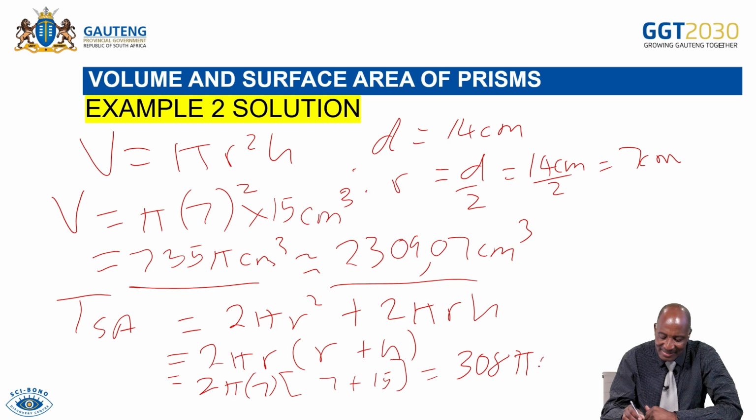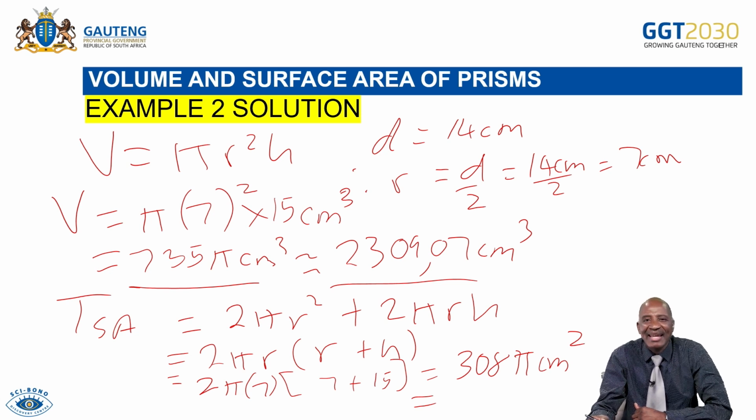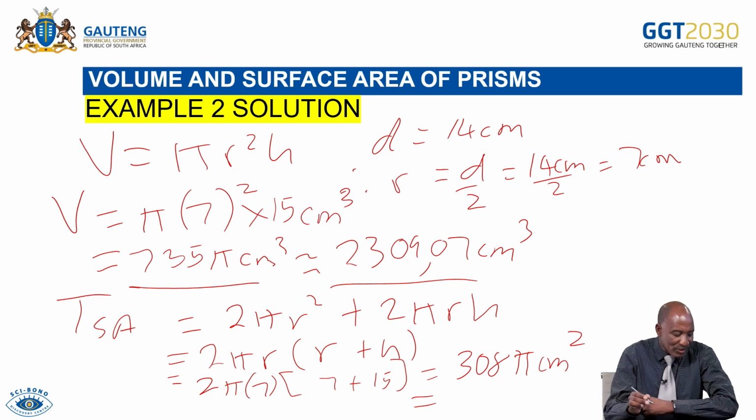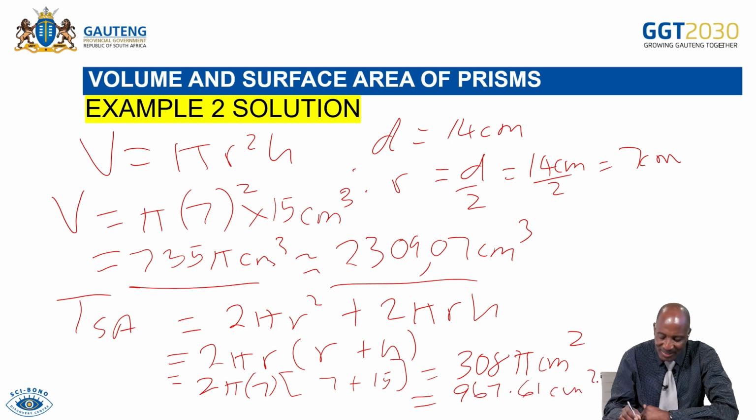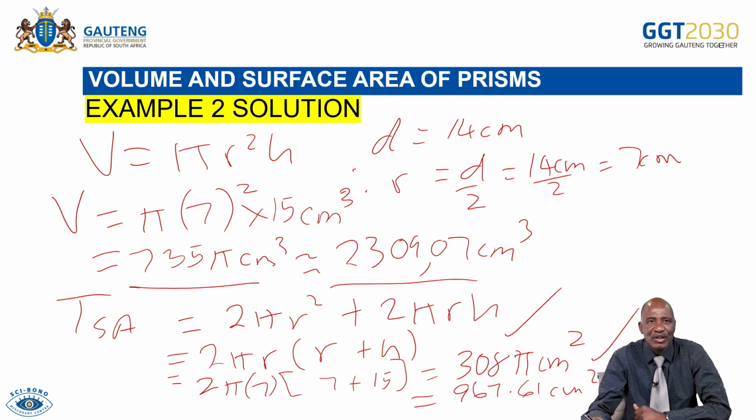You can convert that by multiplying 308 times pi, then you convert to decimals. This goes to 967.61 centimeter squared, correct to 2 decimal places. I hope you got that answer there, provided you knew the formula that needed to be used.